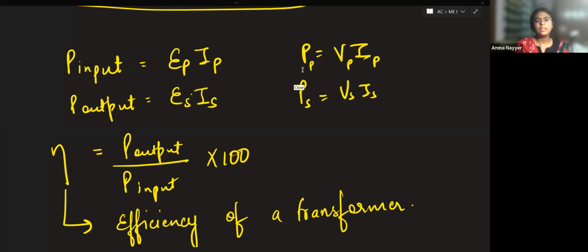Anyways, efficiency means how efficient a transformer is. If you give some amount of power, how much of the power will the transformer provide as output? So efficiency is power output by power input into 100. If I talk about an ideal transformer, the efficiency will be 100%.